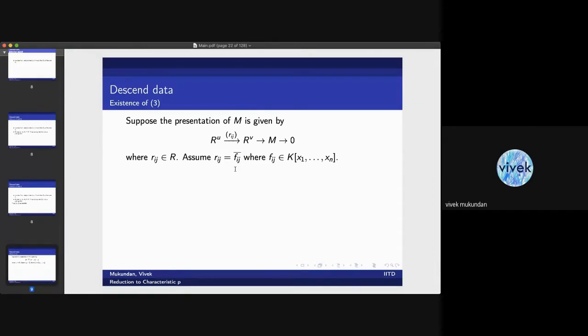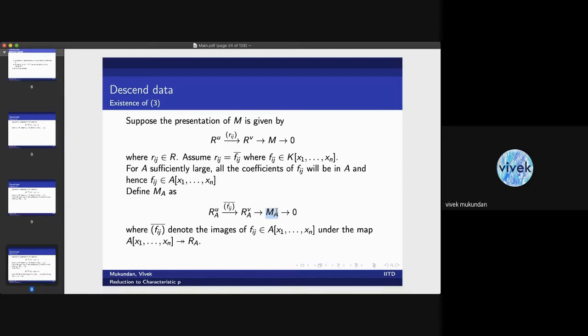So as usual, what you can do is that the ring A, so we have defined our ring A, we have defined our ring RA. Now, it could happen that the coefficients of Fij may not be in A. What you do is you can extend your ring A by attaching all the coefficients of Fij into A. And hence, Fij will be members of A adjoin X1 up to Xn. Once you have that, you can define MA to be the cokernel of the image of the Fij polynomials.